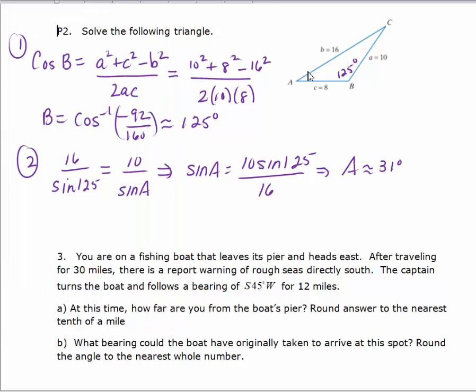So we'll put our 31 degrees in the triangle. And then step 3 is to find that last angle, which is C. So 180 minus the 31 minus the 125 equals 24 degrees for angle C. And I highly recommend checking your answer using the law of sines ratios.